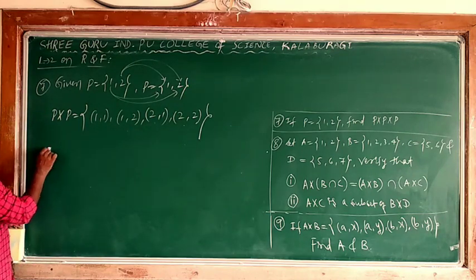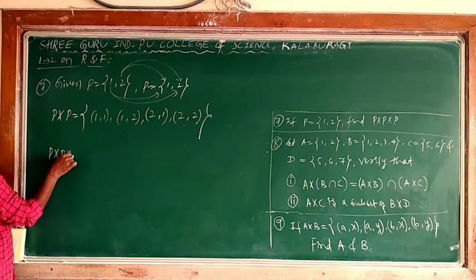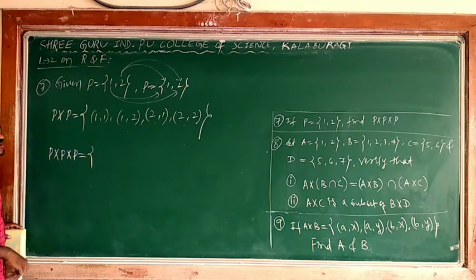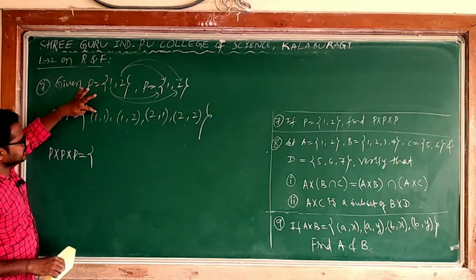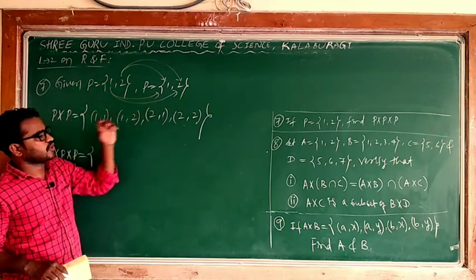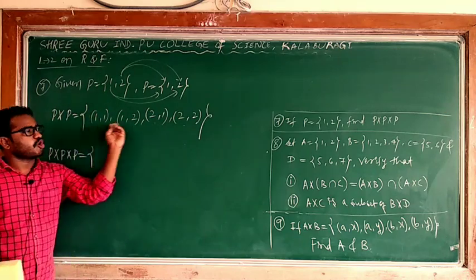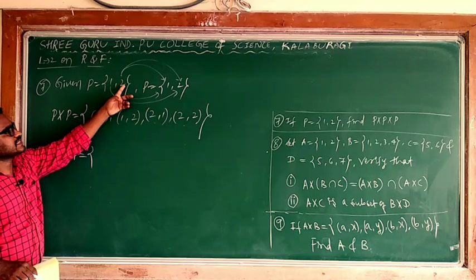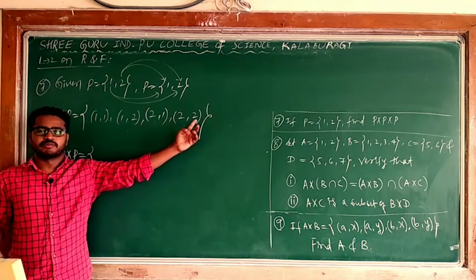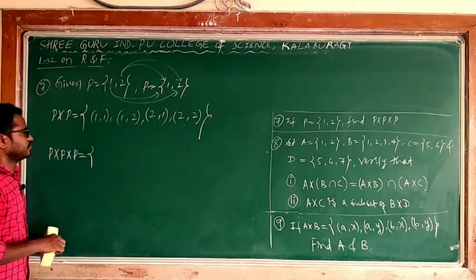To get P cross P cross P, once you insert all the elements, you have to take one, insert first, second. Once you insert the first element with all the ordered pairs, you will get ordered triplets. Then once you insert number 2 with all the ordered pairs, you will get another 4 triplets.